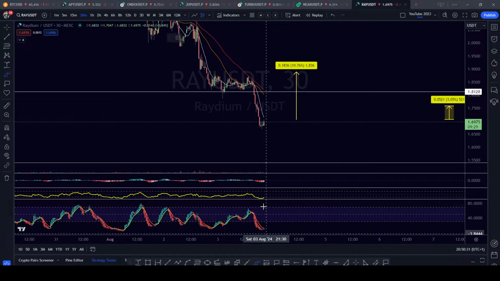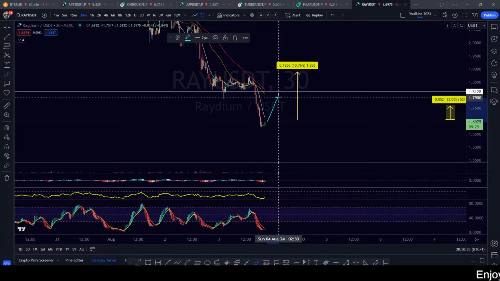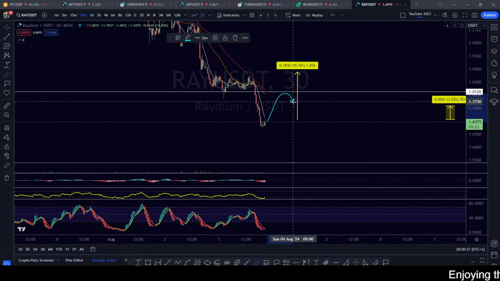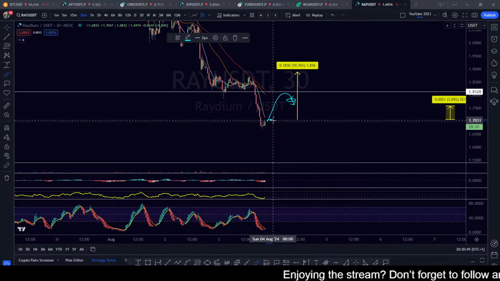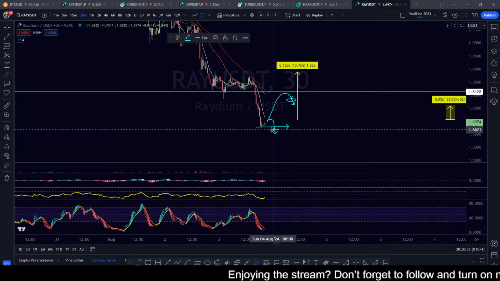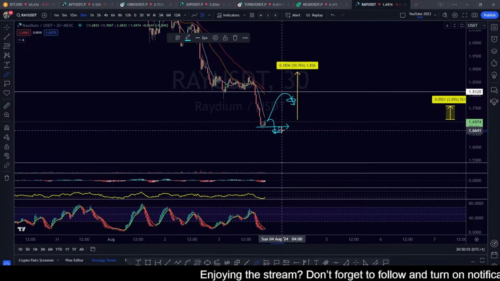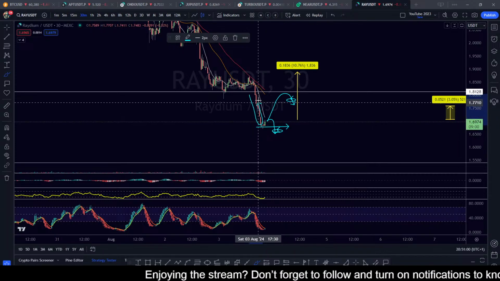Because if the price action comes up and then starts to come down, then what you could do is enter your trade here, right around 1.786. Now, if it goes up a little bit and it comes down, then you can enter the trade here.